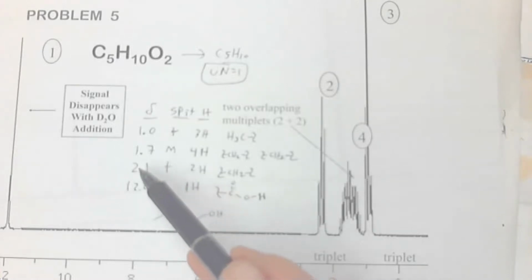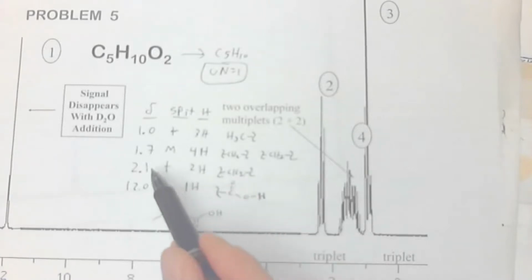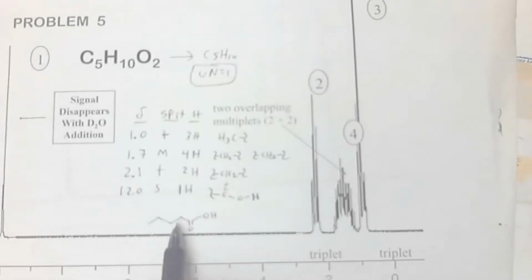What about this? This is the downfield CH2 of the chain. 2.1 is a triplet. Which one is that? It's a CH2 that's a 2, which is this one, right? Why is it at 2.1? Because it's next to something, what kind of bond? It's next to pi bonds.